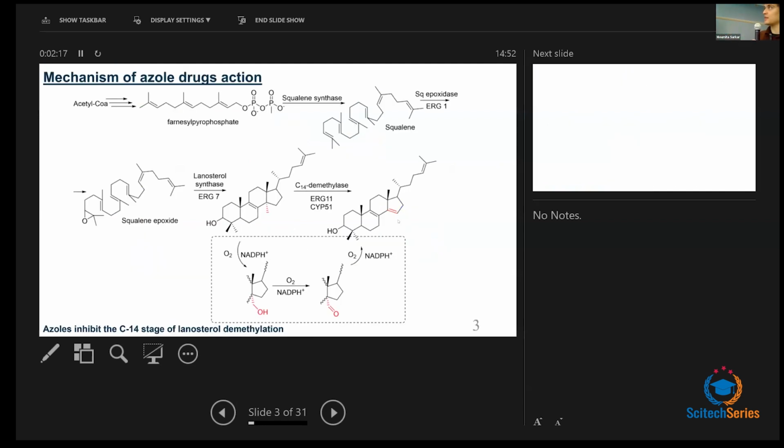Azoles is a drugs which they blocking demethylase CYP51 stage, and they are blocking ergosterol synthesis. It's very important strain of fungi, and if you will block this stage, they will die.